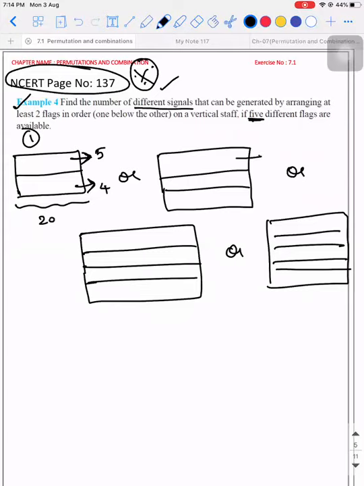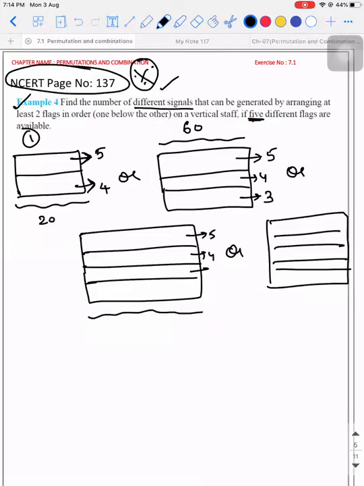In a similar way, if I want a 3-colored signal, the first color in the topmost part can be chosen in 5 ways, the next in 4 ways, and the next in 3 ways. So in how many ways can you form a tri-colored signal? 60 ways. In how many ways can you produce a signal with 4 colors?